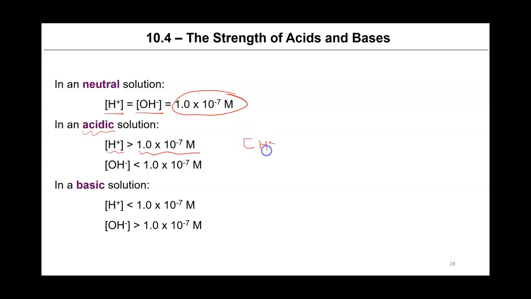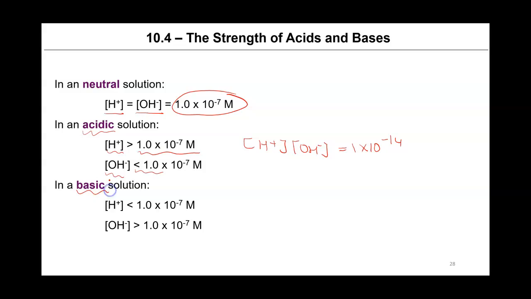But because the product of hydrogen ion concentration and hydroxide ion concentration must always equal 1 by 10 to the minus 14, that means that the hydroxide ion concentration now is less than 1 by 10 to the minus 7.